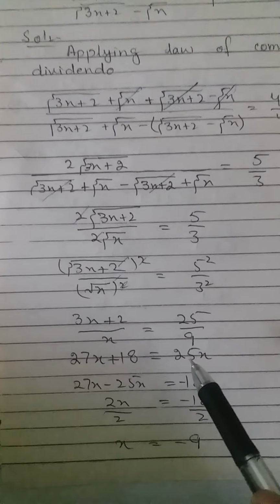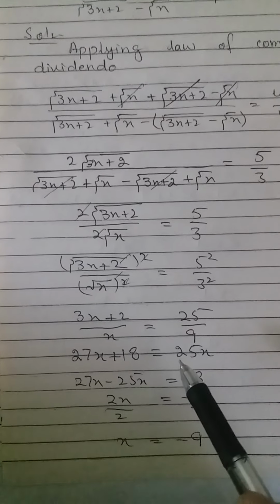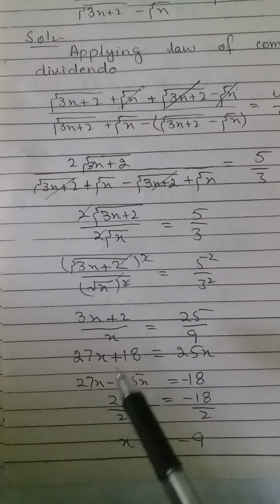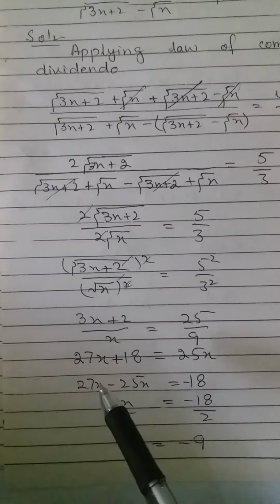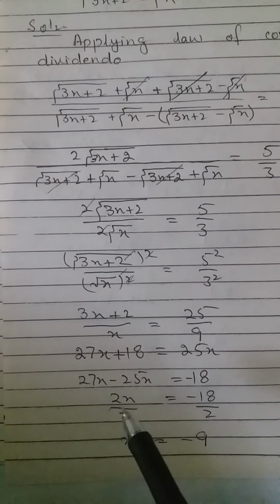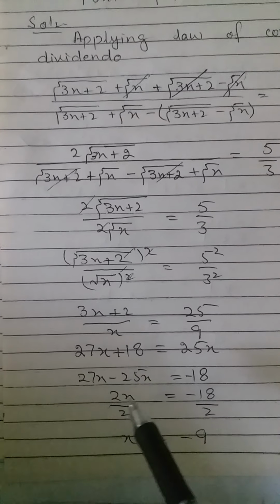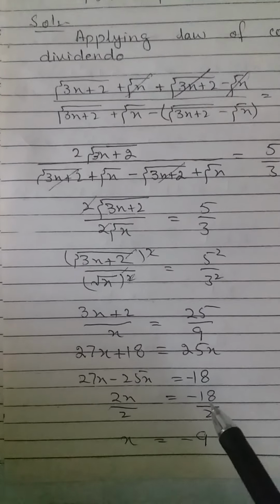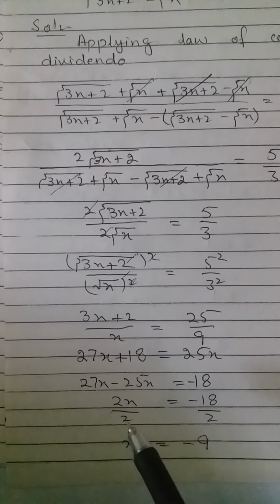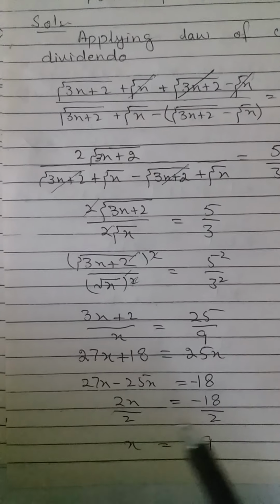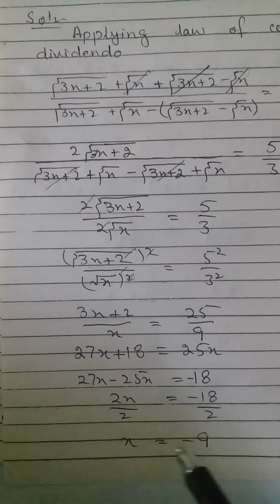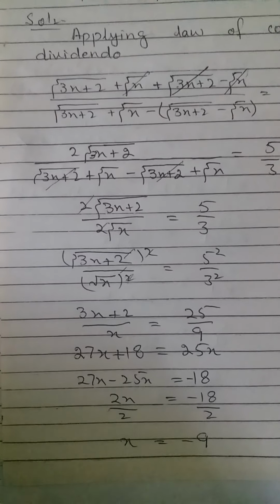We gather the x variable values on one side and the constant on the other side, and then subtract these two values, so we get 2x is equal to minus 18. Then dividing both sides by 2, 2 cancels with each other, and 2 9s are 18, so x is equal to minus 9.